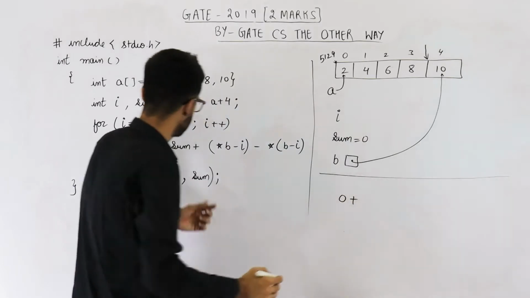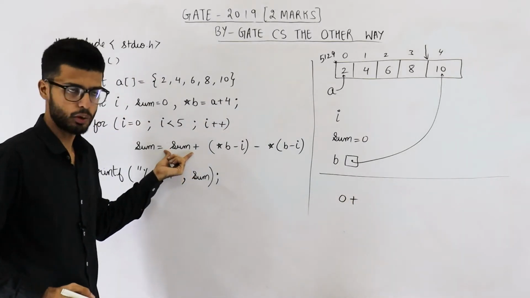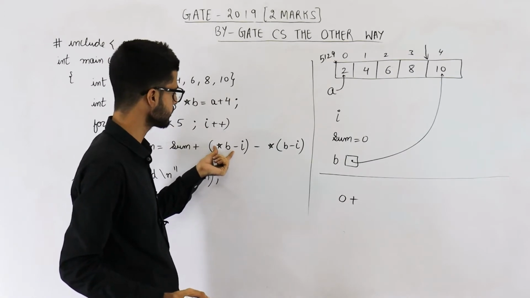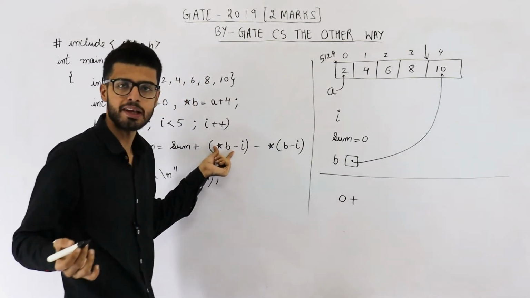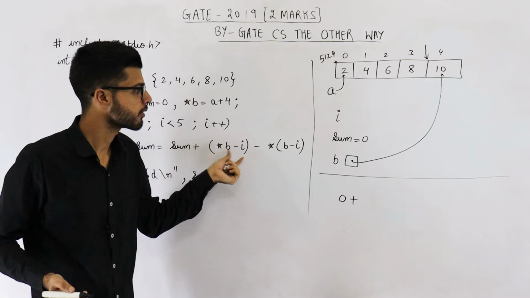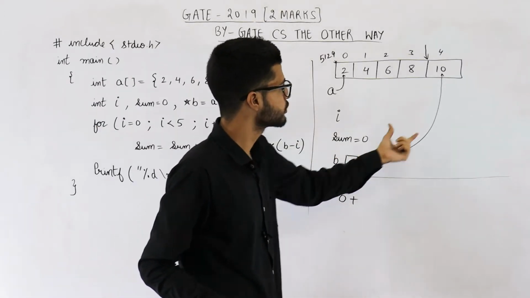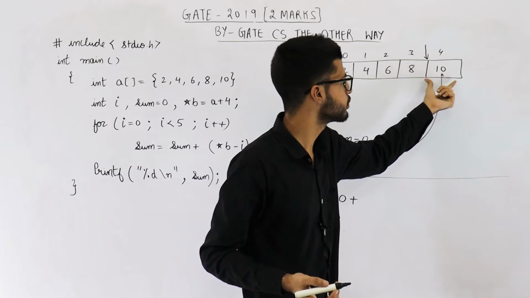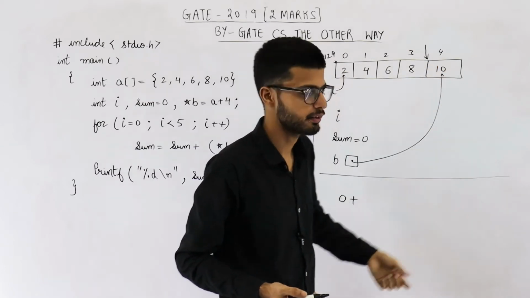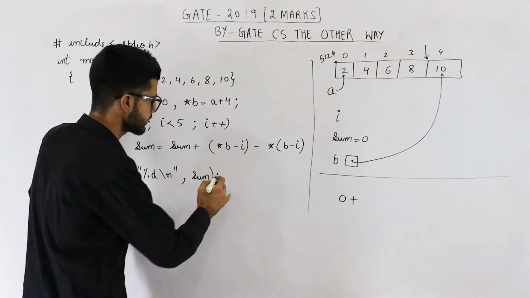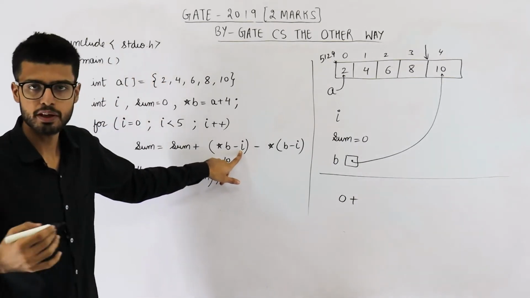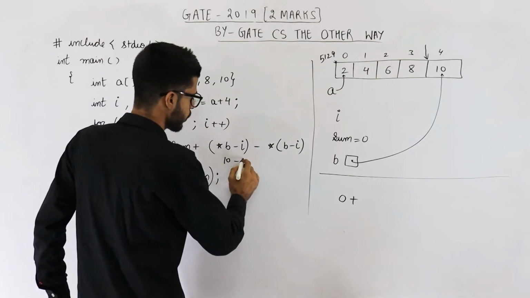That means value of sum is 0, 0 plus star b. Star b means value saved at address b. b is pointing to this address. Star b means what is the value saved at this address? The value is 10. So this is 10 minus I. Value of I for this iteration of the loop is 0.